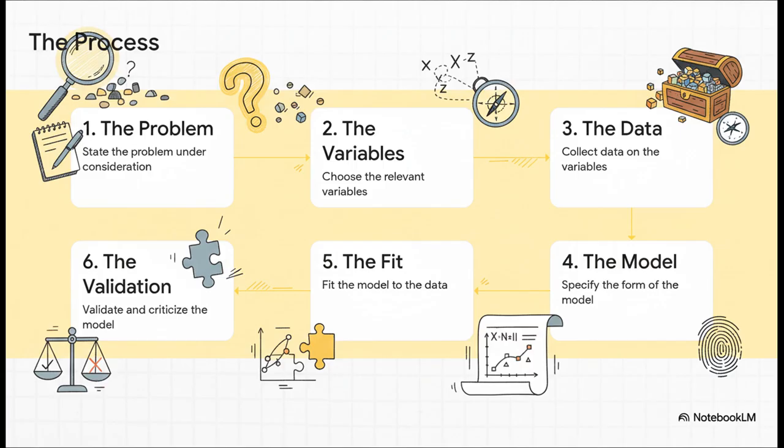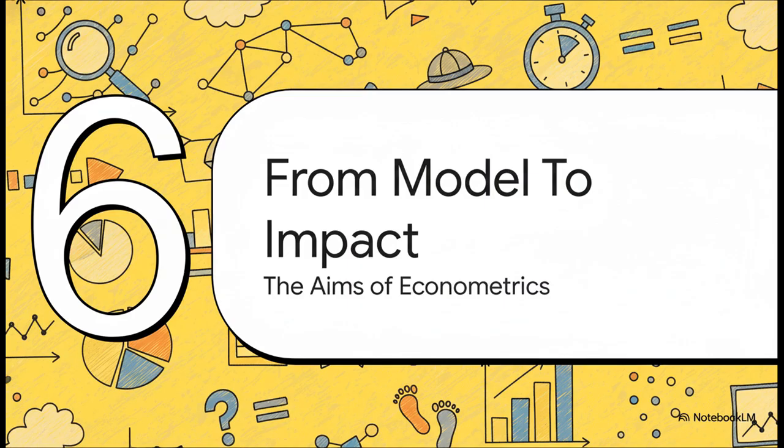After you collect the data and specify a model, you fit that model to the data you have. But the investigation doesn't stop there. That last step, validation, is absolutely critical. It's where you double and triple check your work to make sure your conclusions are solid and not just some random coincidence.